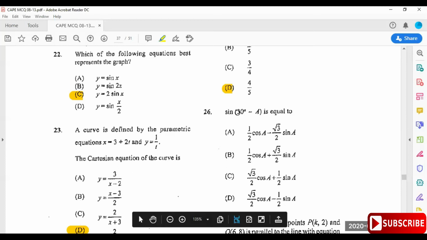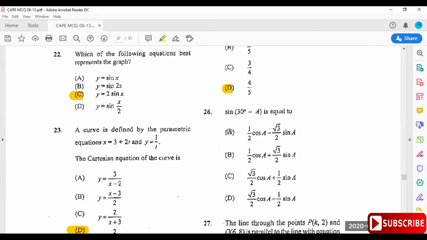Sine 30 is a half times the cos of A, so clearly it has to be A. Instead of writing out sine 30 cos A minus cos 30 sine A, once you put in the first value, sine 30, you get the half.